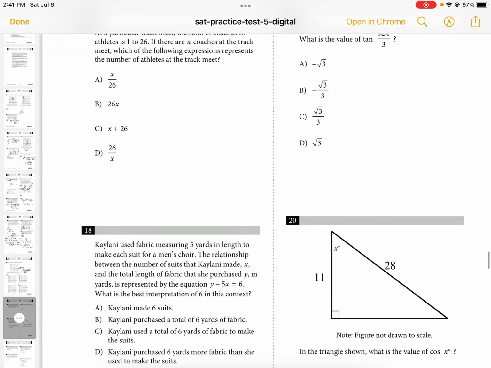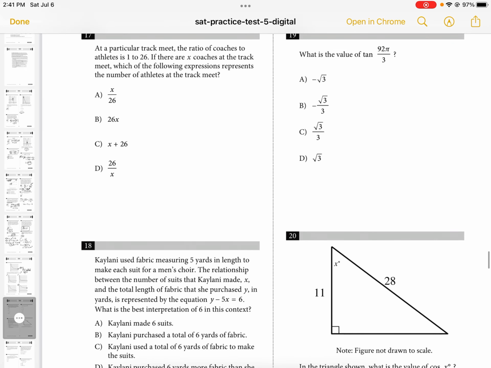At a particular track meet, the ratio of coaches to athletes is 1 to 26. If there are x coaches at the track meet, which of the following expresses the number of athletes at the track meet?